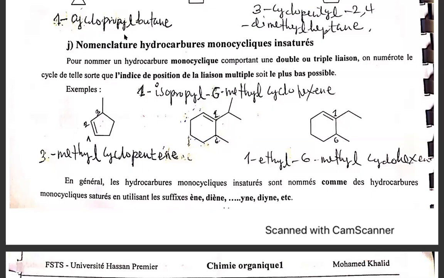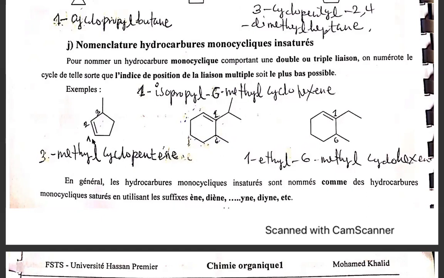Is it clear? If you've noticed, even these names here remain the same. Why? Because they are all at position number 1. But if there was another double bond, you would have noted the first one and the second one, and you would have used the multiplication factors. So the reason why we are not adding a position for the double bond in this case is that you can either add it or leave it just like this.